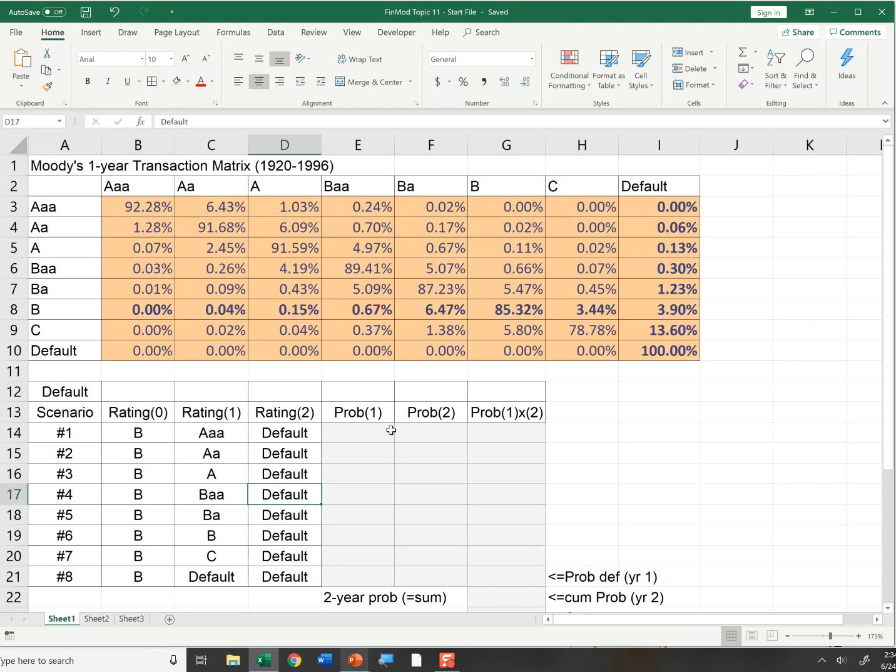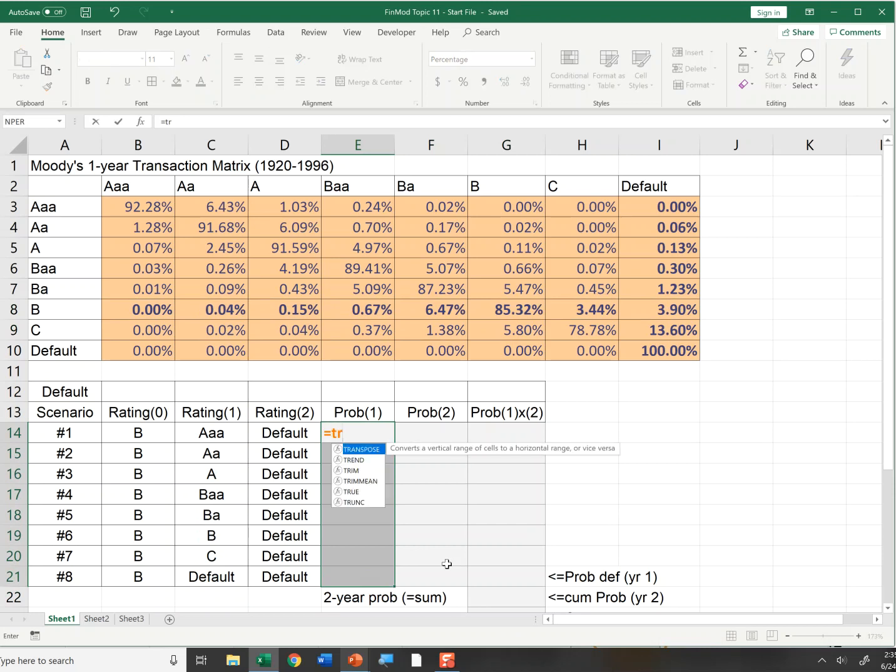So how do we calculate the probability of all these possible paths to death for this bond? Well, first take the probabilities that a B-rated bond winds up at any of these ratings, which is actually this row right here. So I'm going to select this entire range, say equals transpose, select that row, close, Control-Shift-Enter.